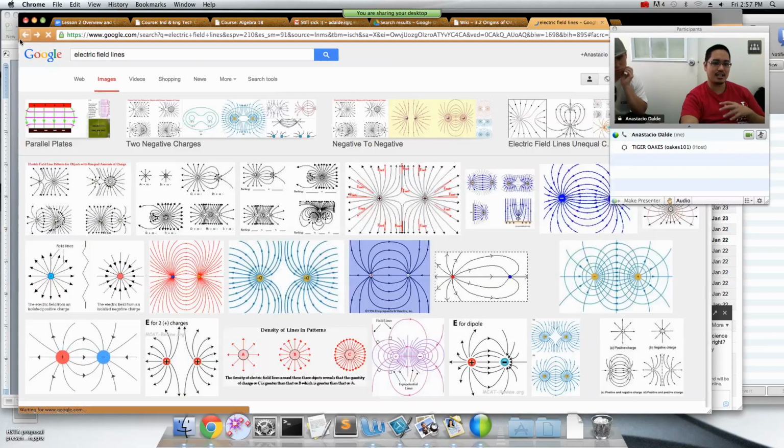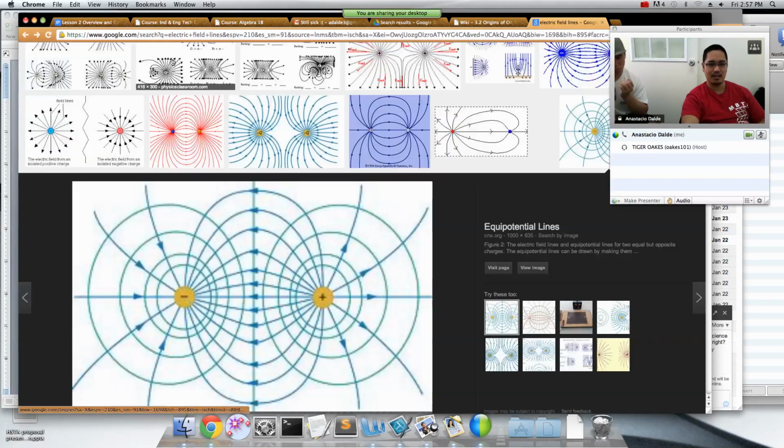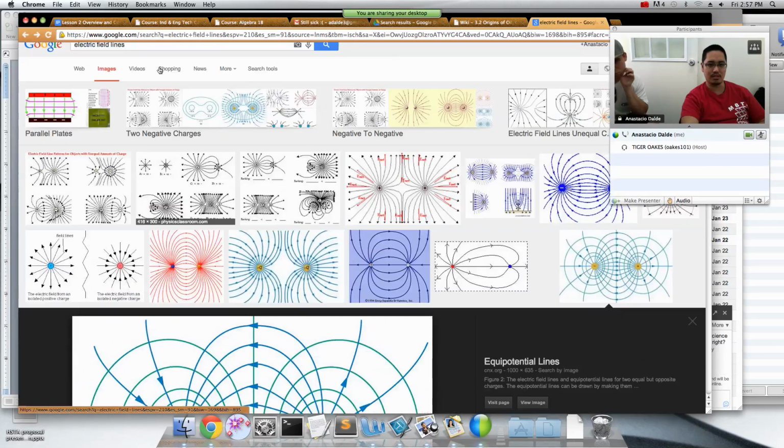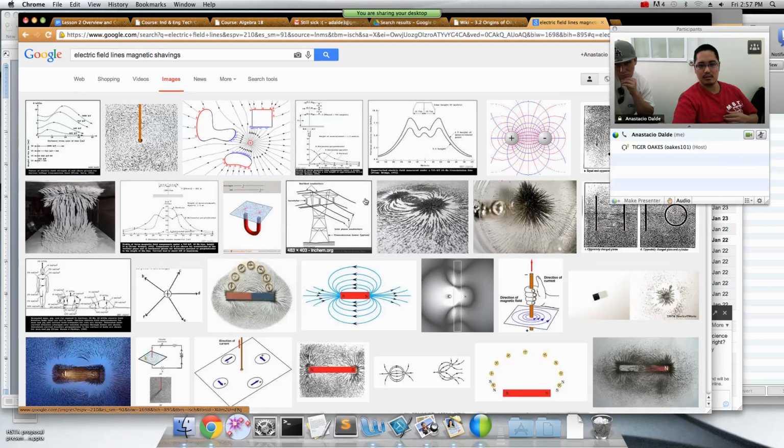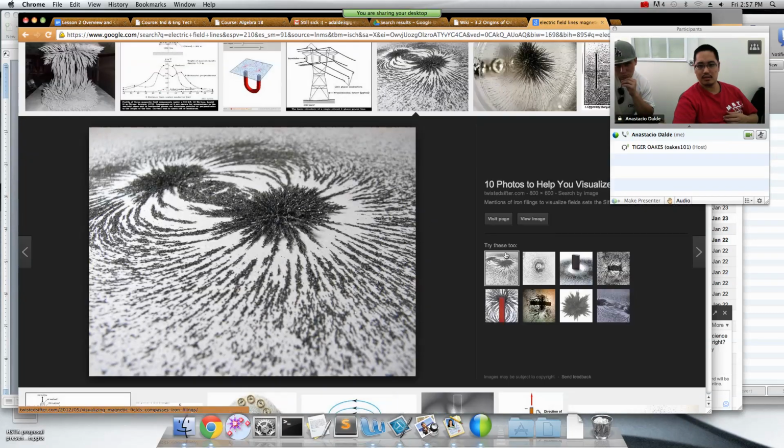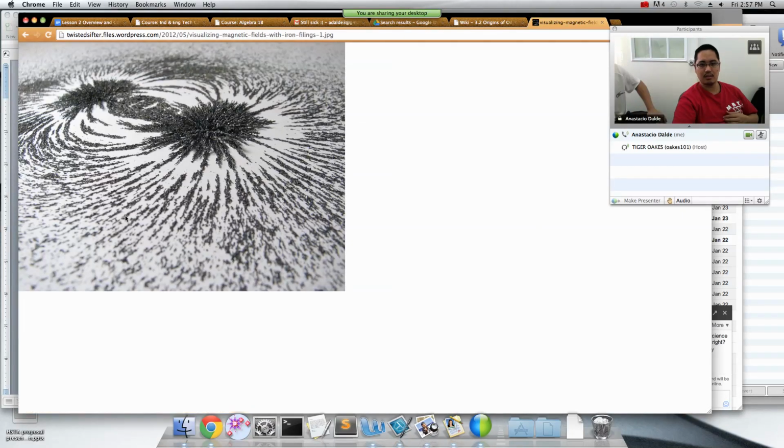And this is not just a theoretical thing. I think what's really cool is, let me show you this. So somebody put a bunch of iron shavings, and then they put two magnets.